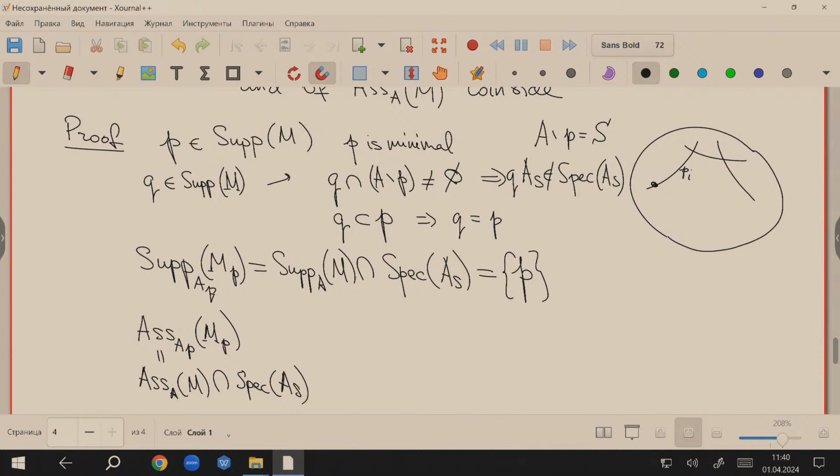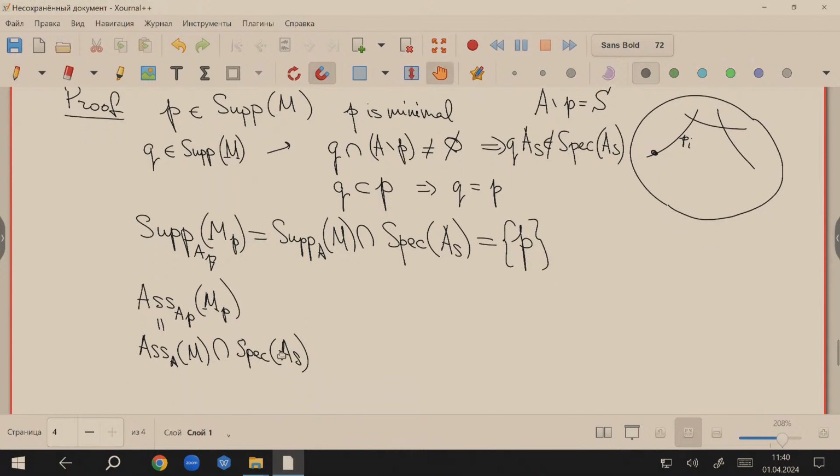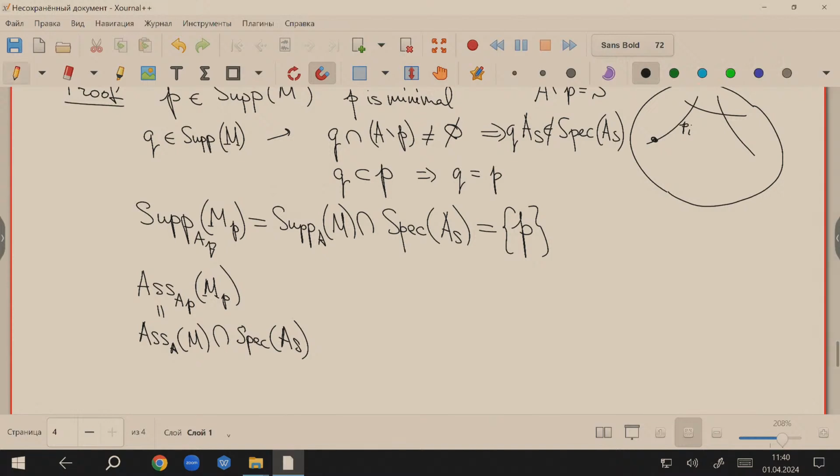I think of this set again as a subset of the spectrum. More formally, let me do the following. A_P, you are just writing down the inclusion of the spectrum of A_P.